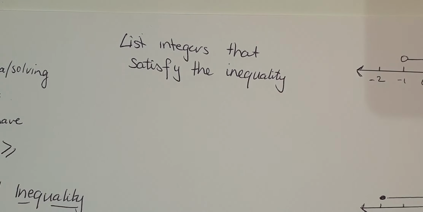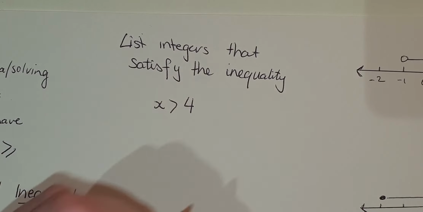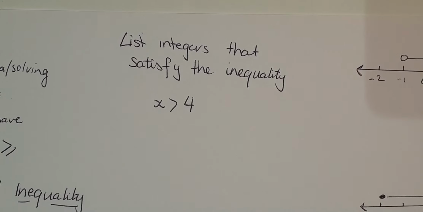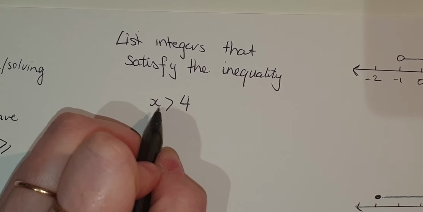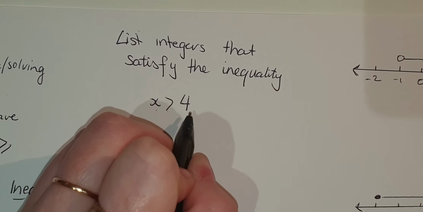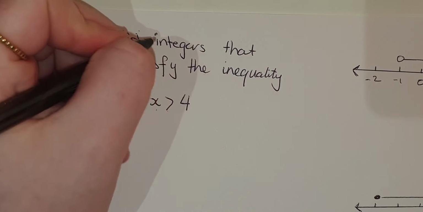So let's say, using x is greater than 4, we are asked to list the first 4 integers that satisfy that inequality. Well, because this is greater than, it means that x cannot be 4. x has to be bigger than 4.